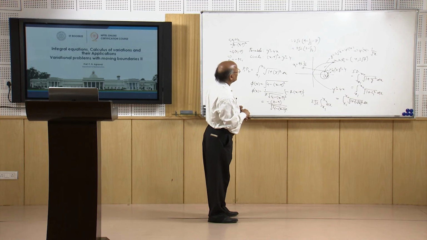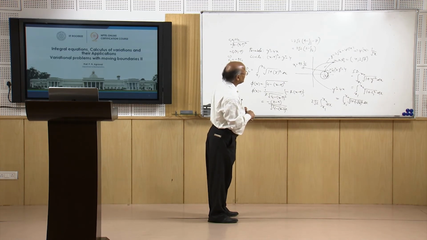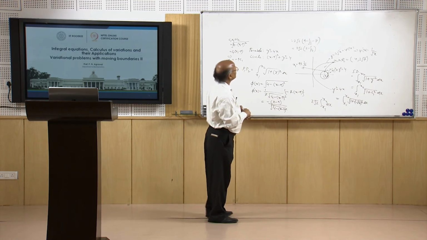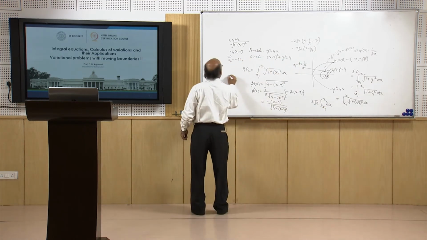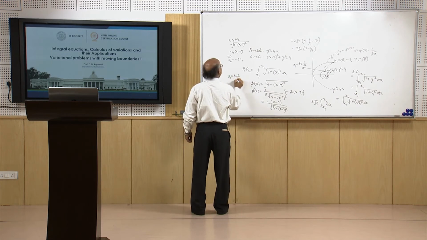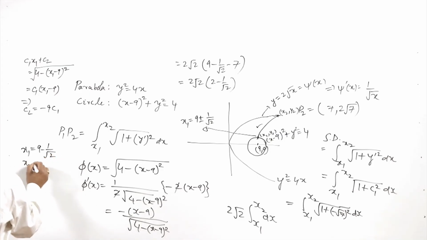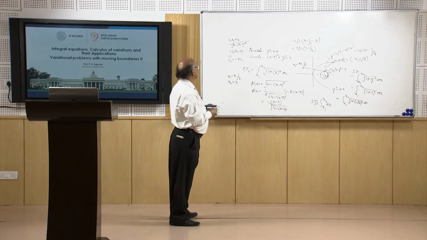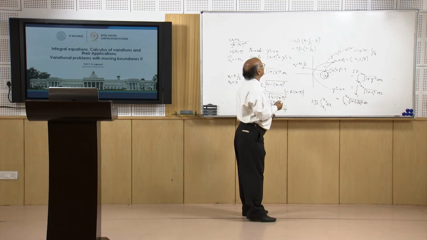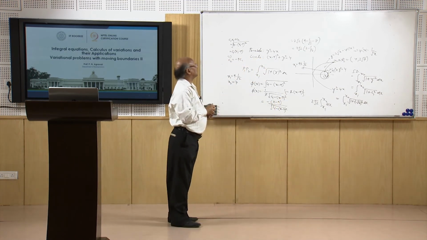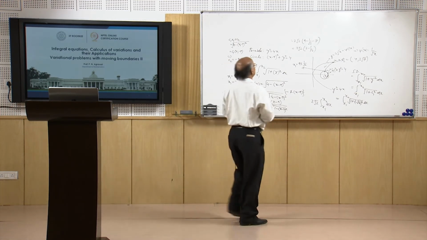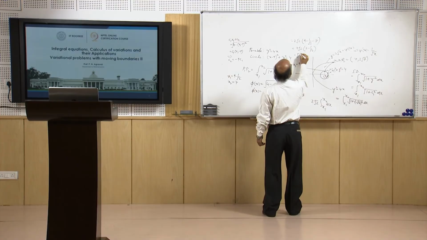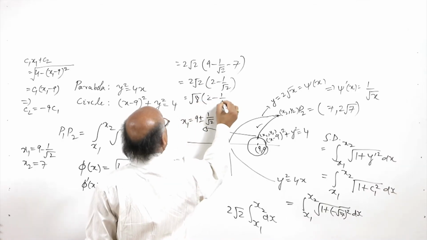x1 9 minus 1 by root 2 minus, yes. So here x1, actually x1 is 9 minus 1 by root 2 and x2 is 7. So x2 minus x1 comes out to be negative, so we will have to, because the distance is always positive, so we have to take 9 minus 1 by root 2 minus 7, and this will give you 2 root 2 into 2 minus 1 by 8, or you can say root 8 into 2 minus.